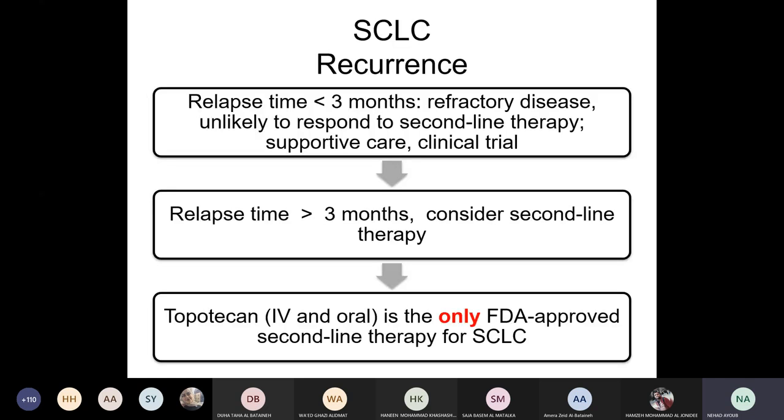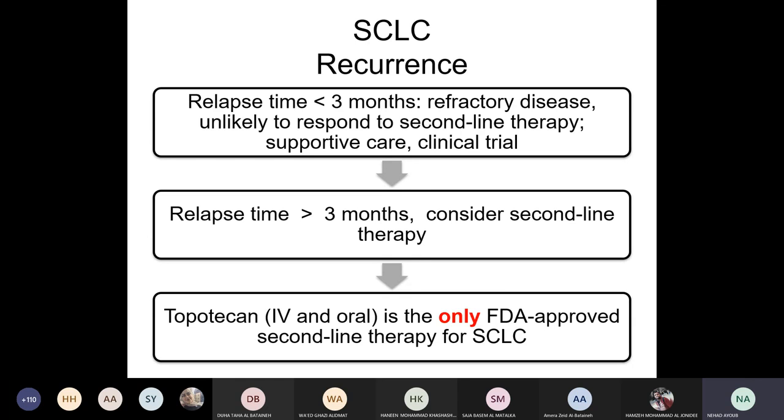It's not mentioned in your book, but there are many ongoing trials trying immune checkpoint inhibitors in small cell lung cancer. I think some drugs are already approved, but it's not mentioned in your book, so some expansion is expected in how to treat relapsed small cell lung cancer.